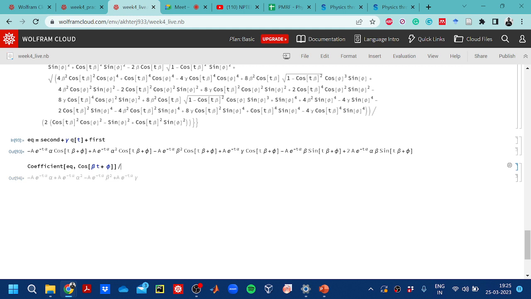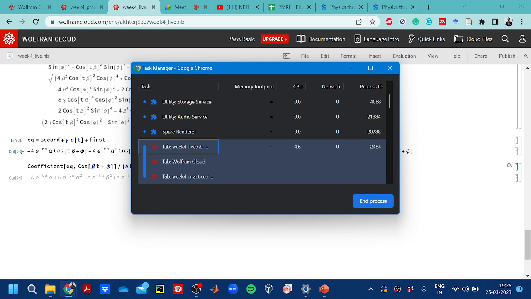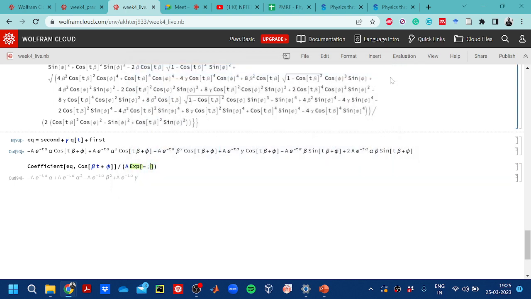So we can divide with this a e to the power minus alpha t, and then it will be our cosine coefficient.